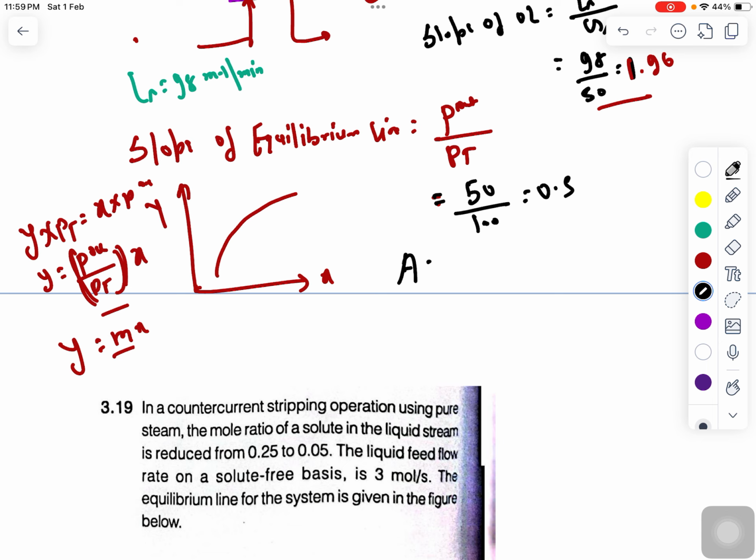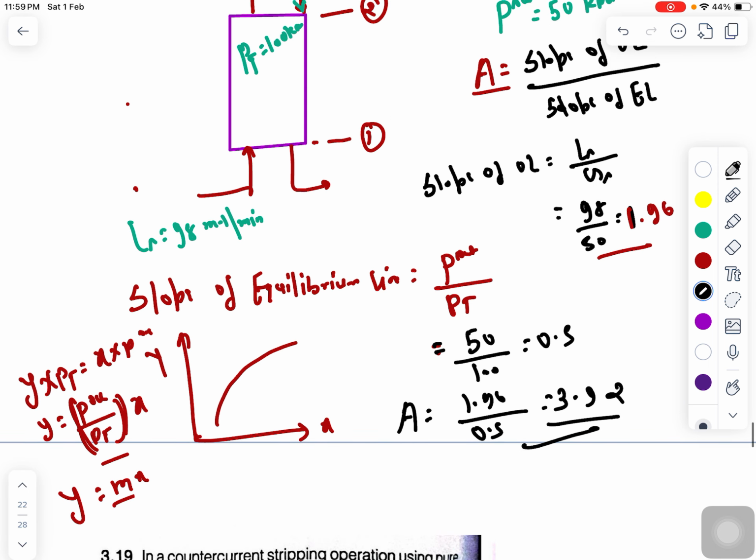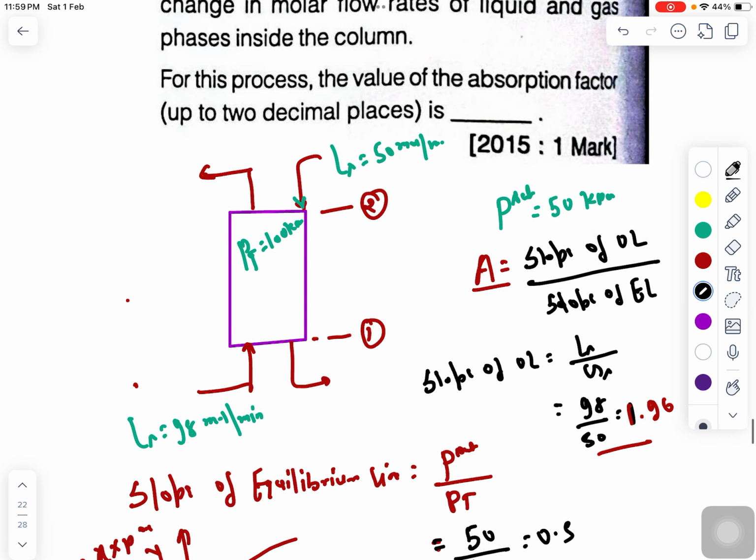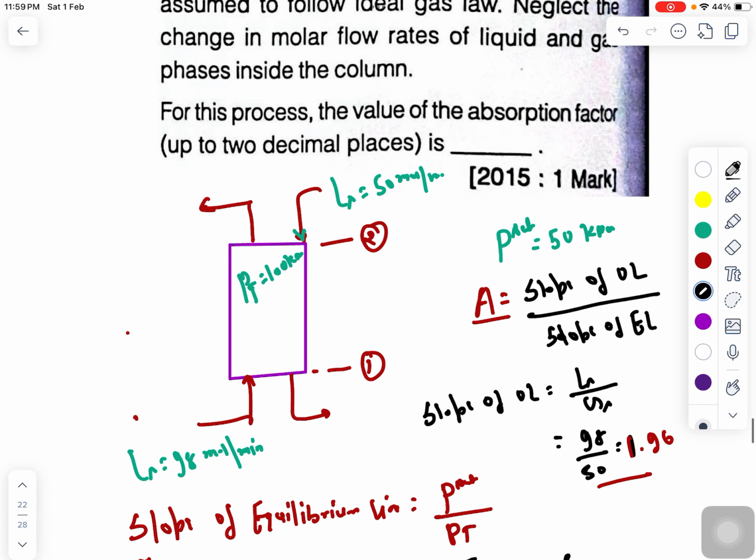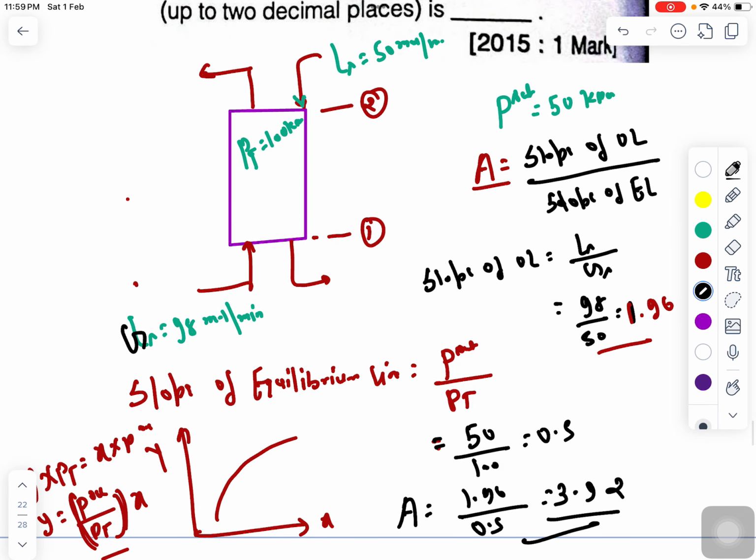So what is absorption factor? That is equal to 1.96 divided by 0.5, and that will be equal to 3.92. Is that clear? I think I have made some mistake somewhere. Sorry, this is Gs actually, and that is Ls.